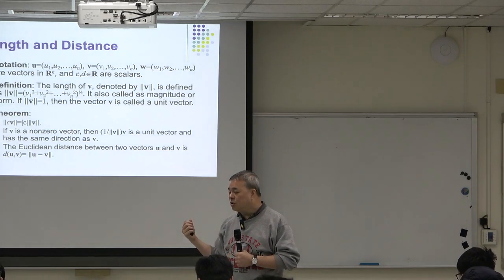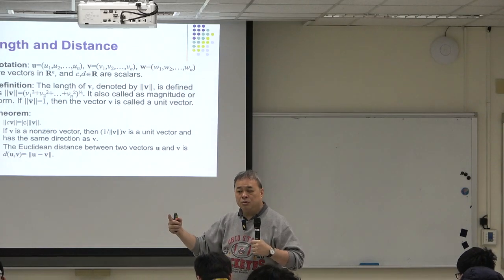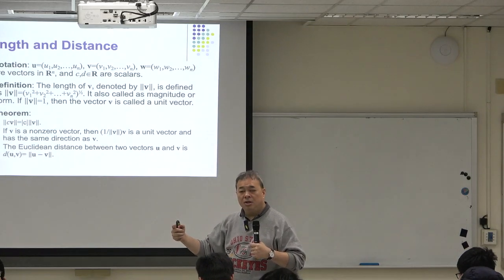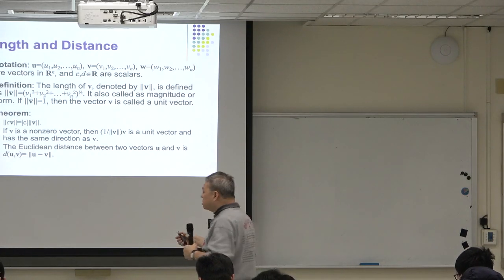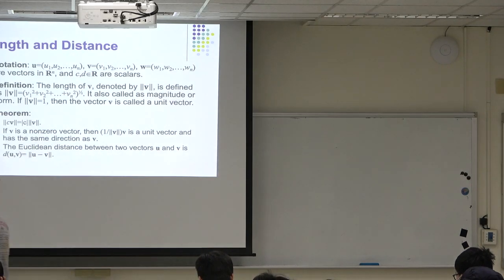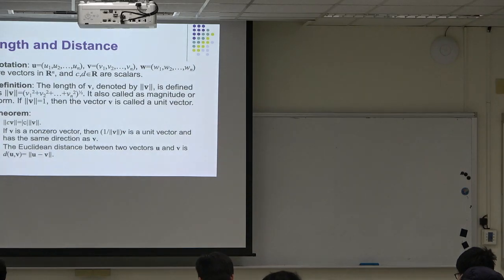Was it junior high or high school? The length of a vector, high school? High school, I think, yes. So as I say, this is more down to earth, much easier for you to consider, or at least to understand. It's called the magnitude or norm of a vector. If this norm is 1, the length of that vector is 1, we call this vector a unit vector.